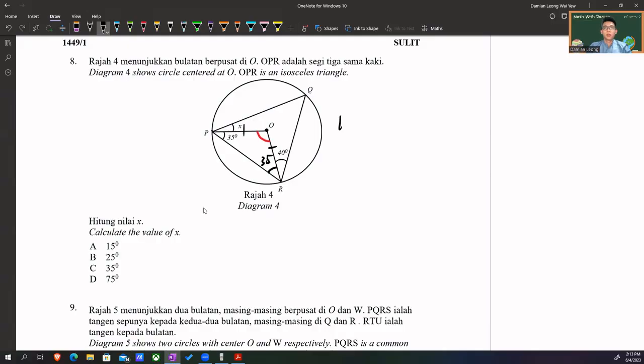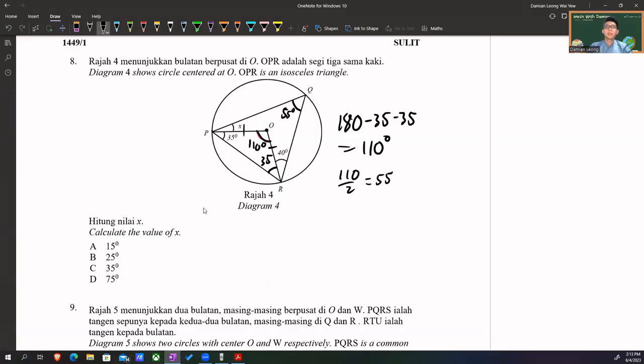Total angle in the triangle is 180. So 180 minus 35 minus 35, 110 degrees. And angle at the center is double the angle at the circumference. Means angle here is 110 divided by 2, 55.